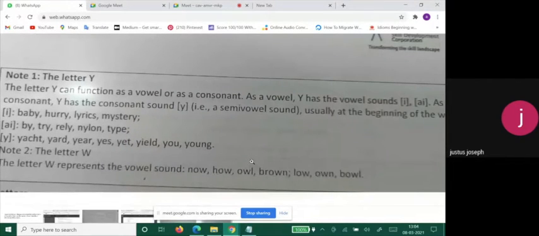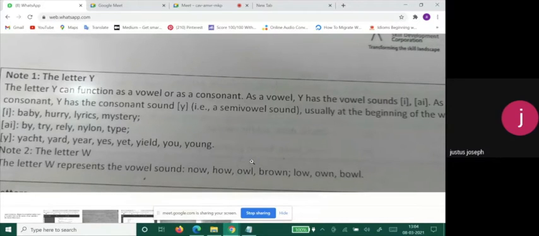The letter Y functions as a vowel or as a consonant. As a vowel, Y has the vowel sounds I and A. That sound, A-I. What is the sound? A. Otherwise, what is the sound?